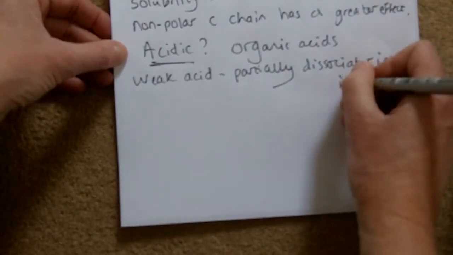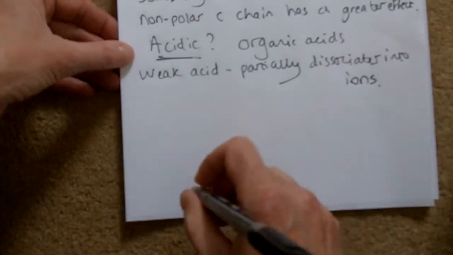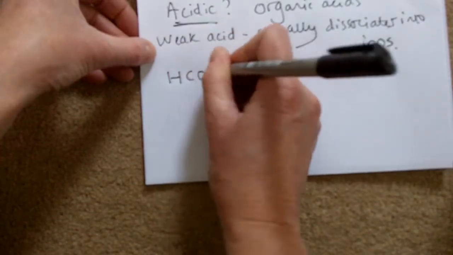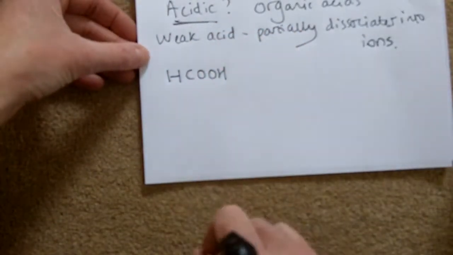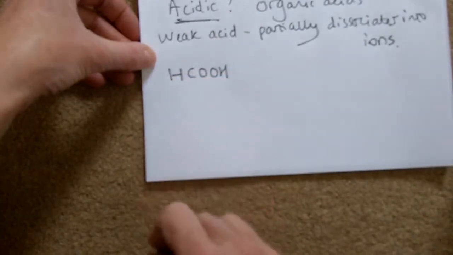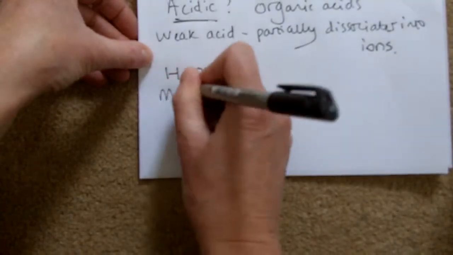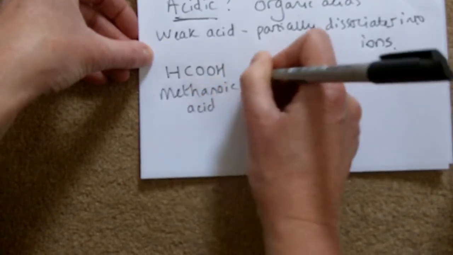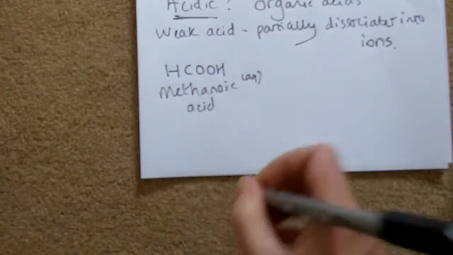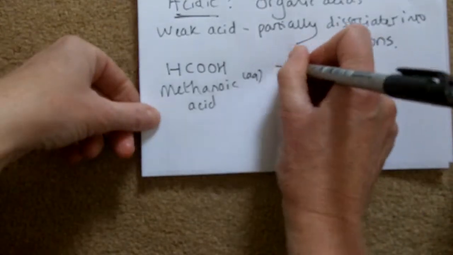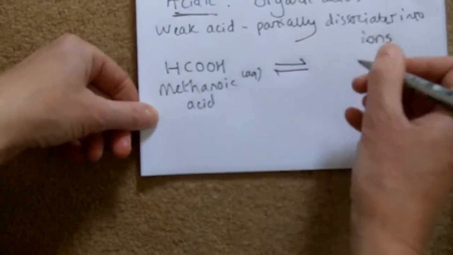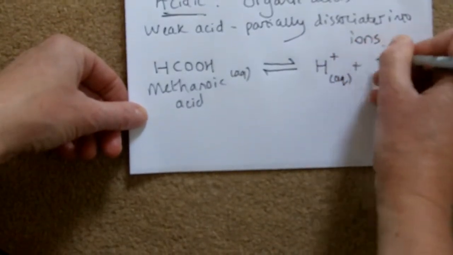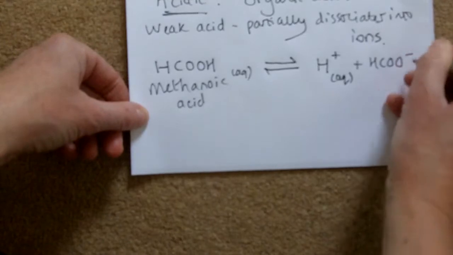Okay, so for example, if we take the simplest carboxylic acid with just one carbon atom, what's that called? Methanoic acid. And in aqueous solution it partially dissociates. We put an equilibrium arrow, and then it releases the H plus, which is the acid part, and then you're left with the salt part.